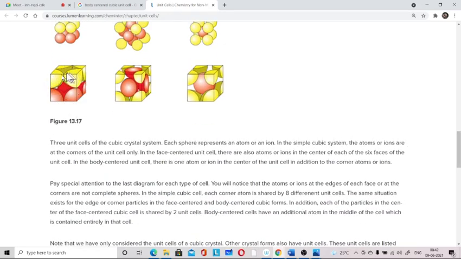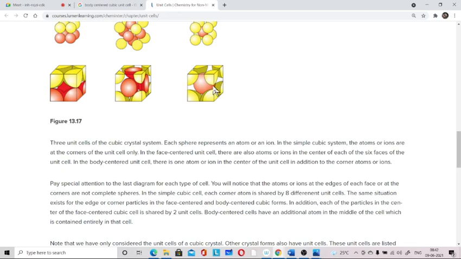This is your primitive unit cell. So there are 8 spheres at the corners. And this is your BCC. Here there are smaller spheres at the corners, while in the BCC there are larger spheres at the corner.